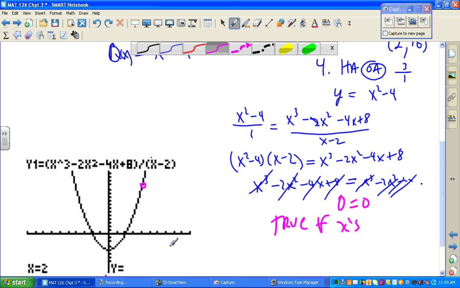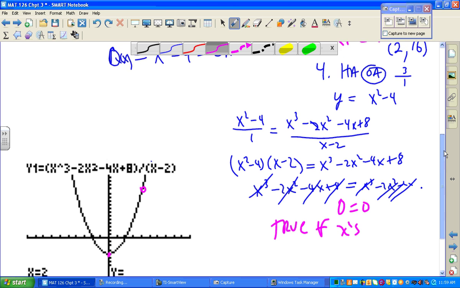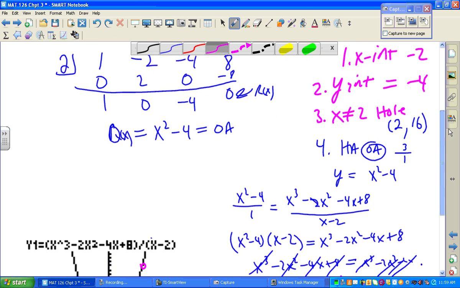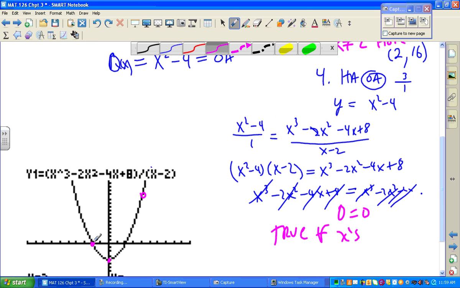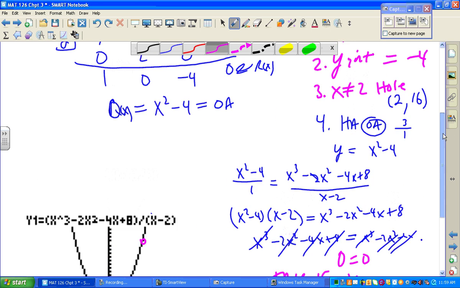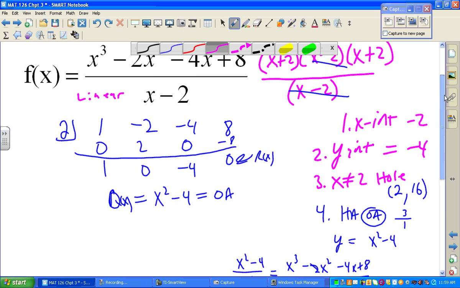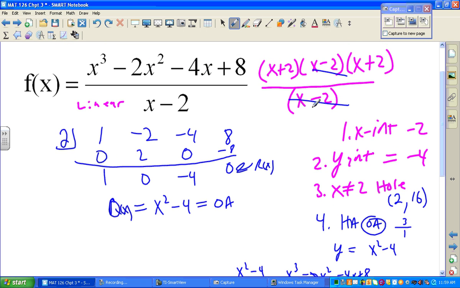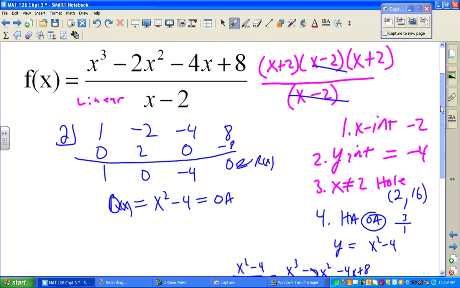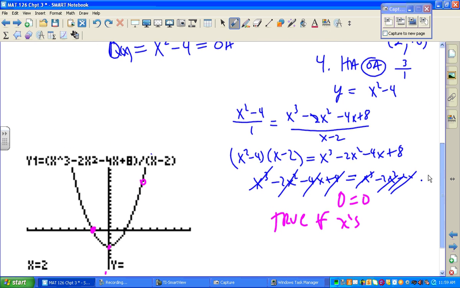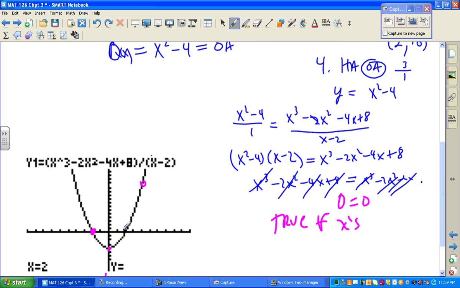Okay? There you go. You got the negative 4 y-intercept, x-intercept negative 2 is right here. Wait a minute. The hole's at 2, 16. It's going to be at 2, 16. If I put 2 in there, well, yeah, it is. 2 and 16. It looks like it should be at 2, 0, doesn't it?